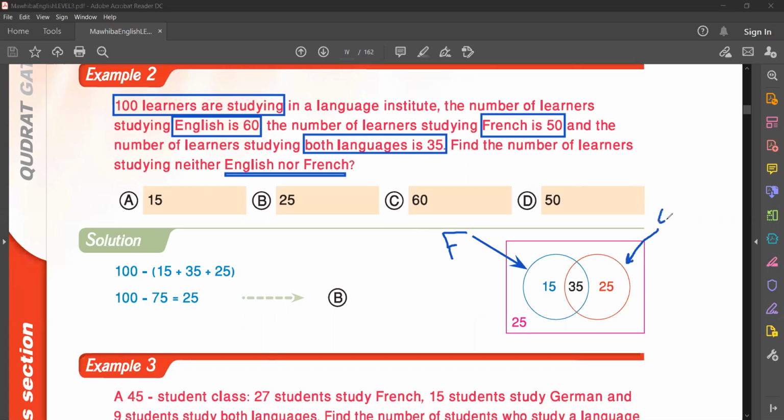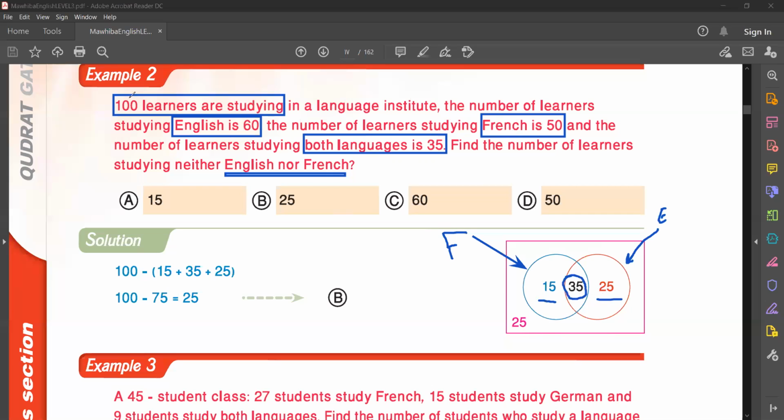Now both languages is 35 and English only is 25. The remainder from 60 is 25. And for French, the remainder is 15. So 15 plus 35 is 50.